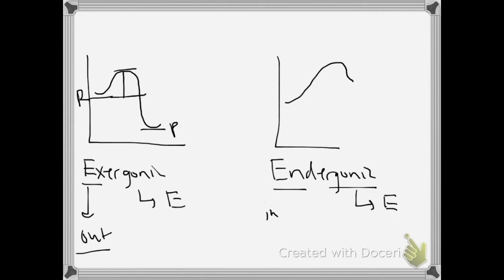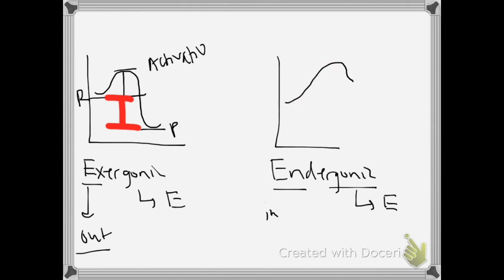You have to put in energy to get any chemical reaction to occur. What is that called? That's your activation energy. But what we're looking at is this difference. Let me highlight it. This difference. This is what we're looking at to determine exergonic or endergonic. So now we have, once again, this difference in energy is our activation energy.